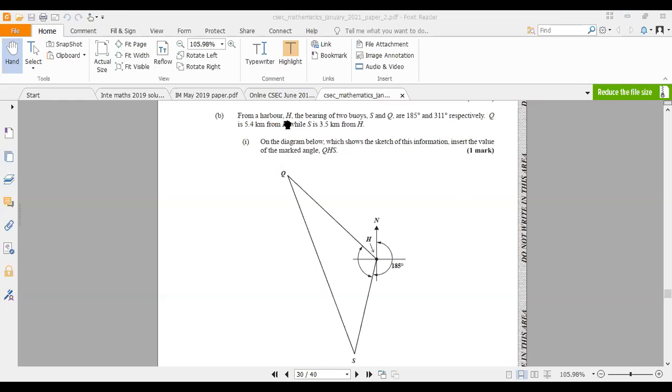All right. So what do we do here? Anybody? Where do I put the 5.4 and the what? Put the 5.4 at the Q and the H. Q and the H, 5.4, yes.